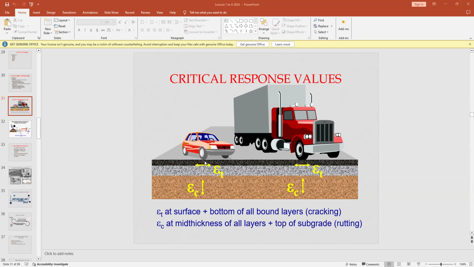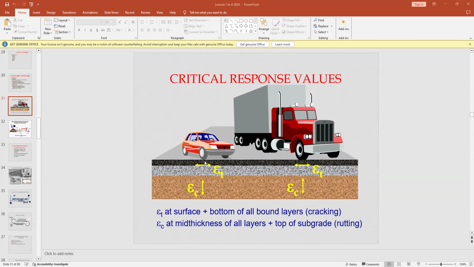In some pavements we may not need an asphaltic base course. They are very local road pavements, so we don't have those asphaltic base courses. Then the bottom of the asphalt bearing course is where you calculate the tensile strain.